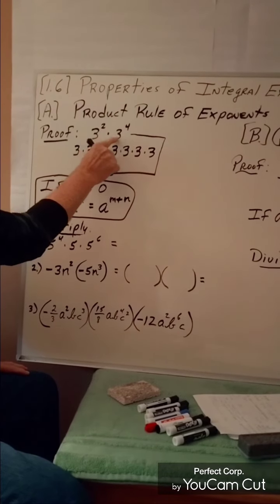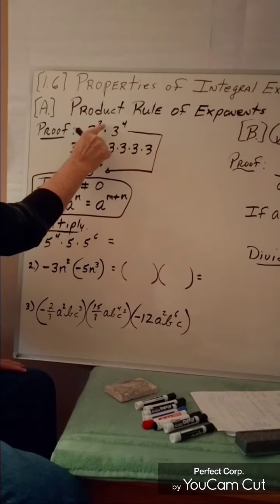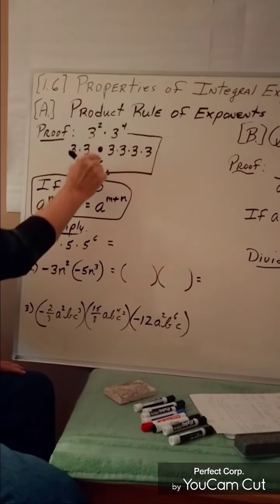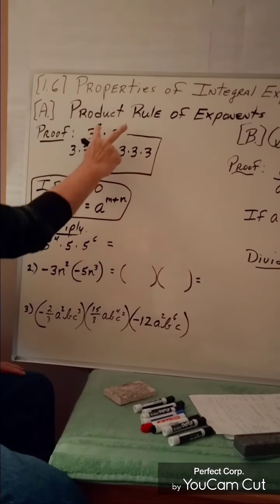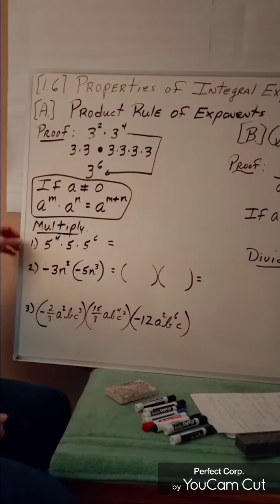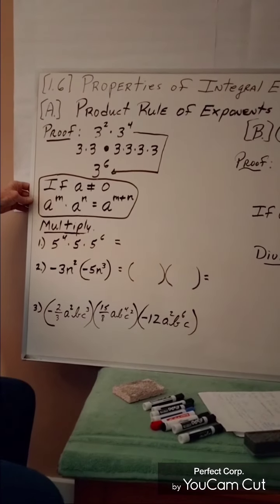Those threes, they represent A. There's the m, there's the n. If we bring down an A, if we bring down the 3 and add the m and the n together, we'll get our answer of 3 to the 6th. That is the product rule of exponents.